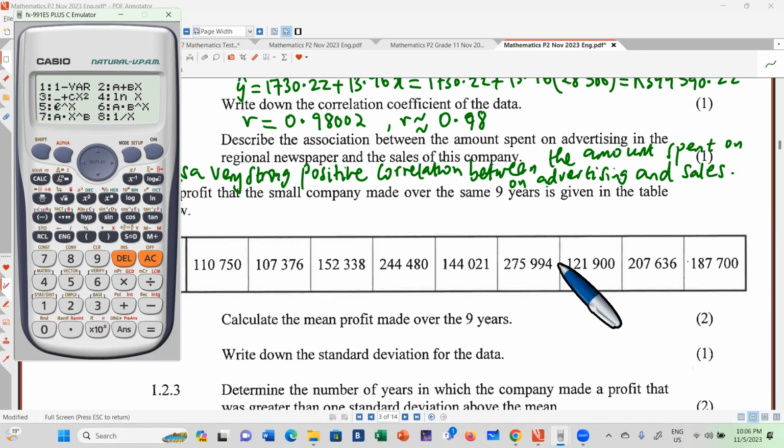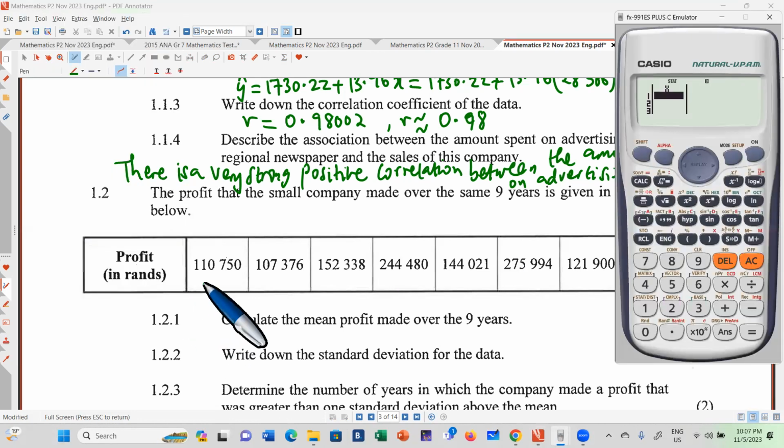Because this one is just one row, we're going to choose only the one variable, which is 1. And then this table is going to allow us to punch in all these figures. So let's start here with 110,750.